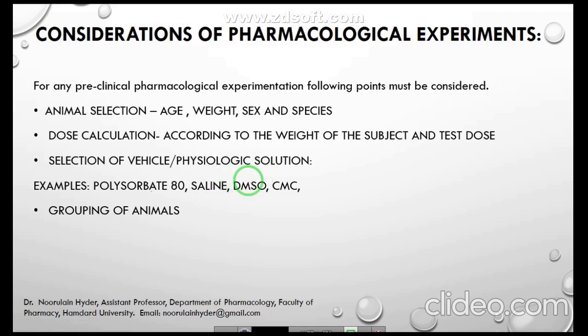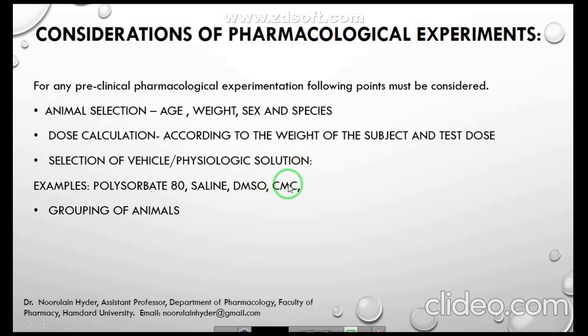Next is CMC, DMSO. What is DMSO? Dimethyl sulfoxide. It is a compound and it is colorless liquid. It is an important polar aprotic solvent that dissolves both polar and non-polar compounds, and it is miscible in many solvents, for example water.